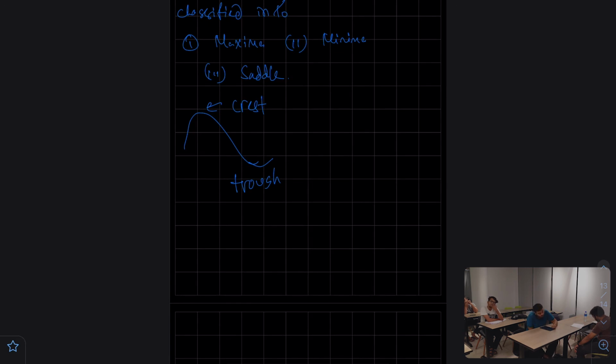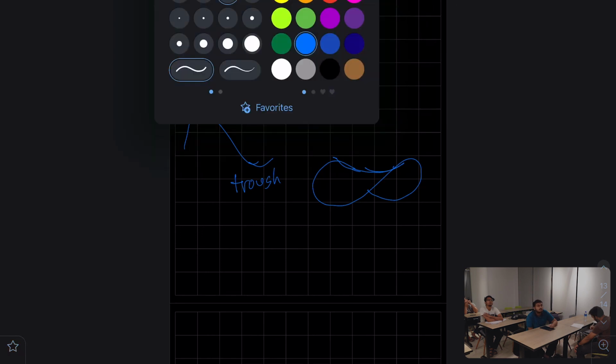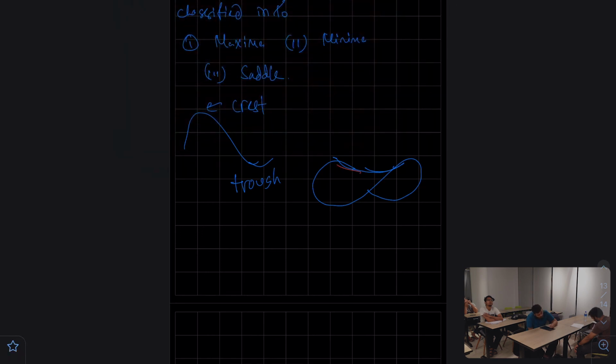The saddle is the most interesting. It is rising in this direction. Yes, it's a horse saddle or a Pringles chip, sorry.